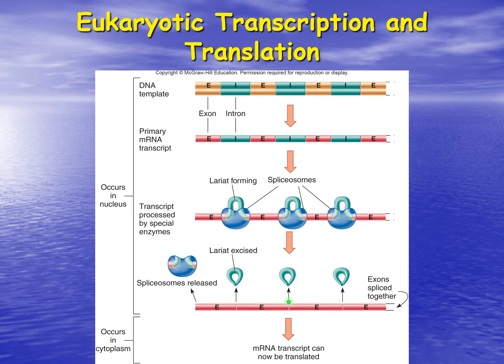The exons then are spliced together, the 5' guanine cap will be put on, and the poly A tail will be put on the 3' end, and now this is a mature piece of eukaryotic messenger RNA that can go out for translation in the cytoplasm.